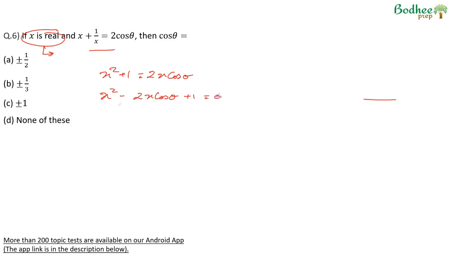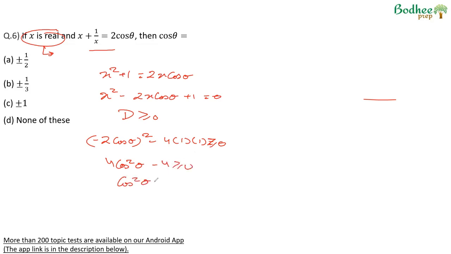Now, for this quadratic x to be real, the discriminant has to be greater than or equal to 0, which means b square minus 4ac, minus 2 cos theta b square minus 4ac has to be greater than or equal to 0. X is real. So 4 cos square theta minus 4 is greater than or equal to 0. Divide by 4, cos square theta minus 1 is greater than or equal to 0, or cos square theta is greater than or equal to 1.